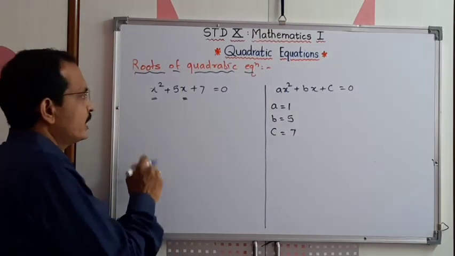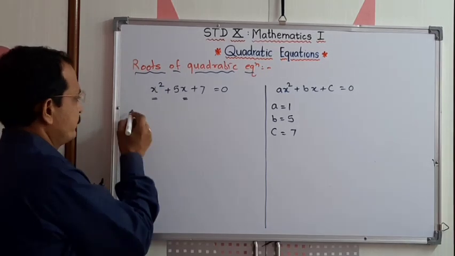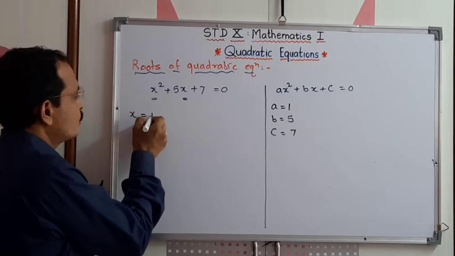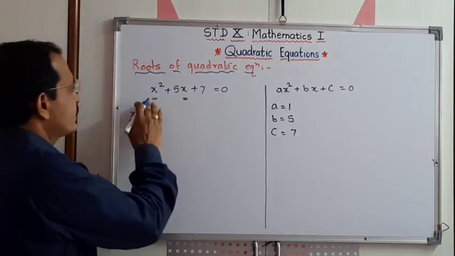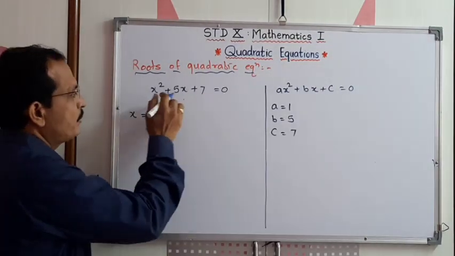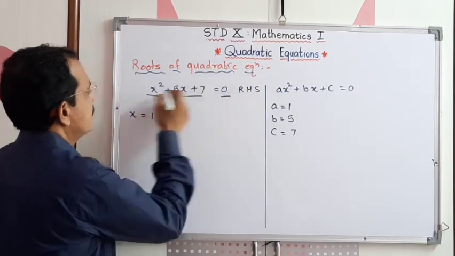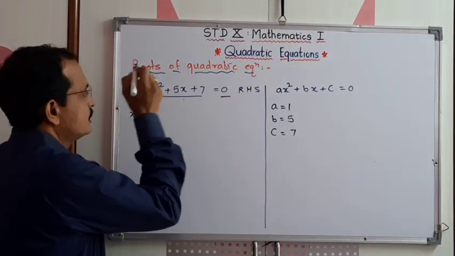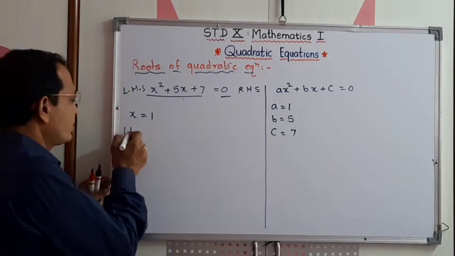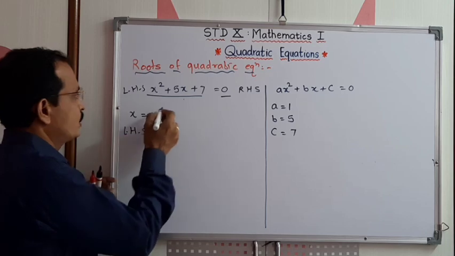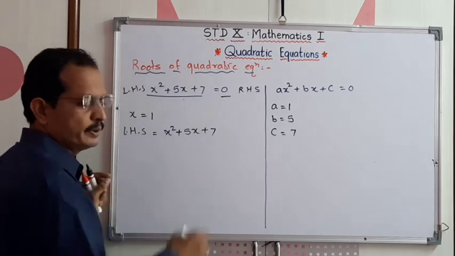and in this variable suppose I substitute x is equal to 1. Suppose I put x is equal to 1 in this equation, and I solve the left hand side. This is the LHS and this is the RHS. Now to solve the LHS, we write LHS is equal to x square plus 5x plus 7.